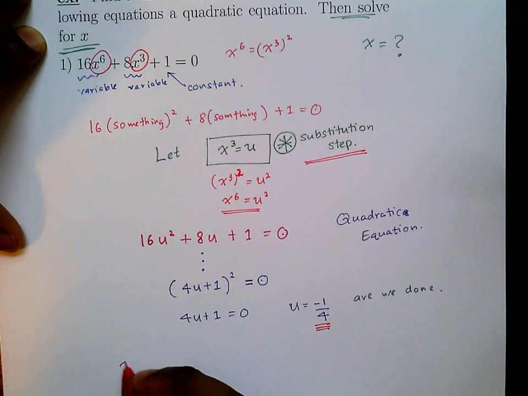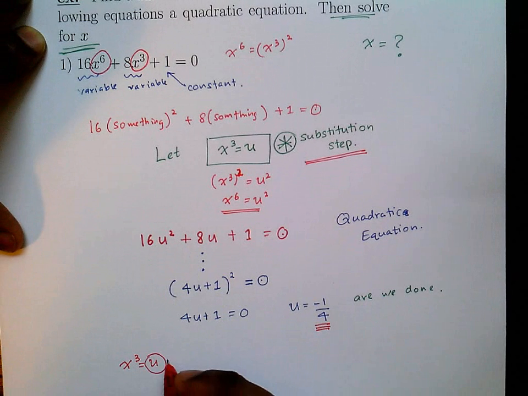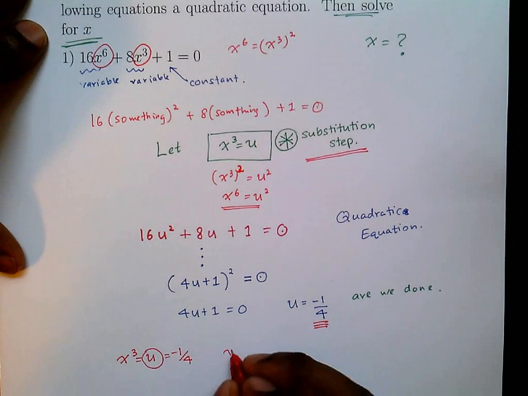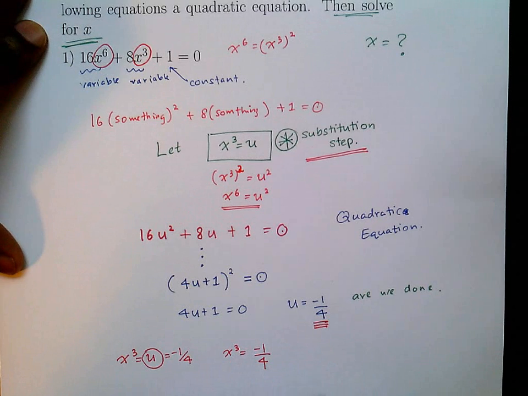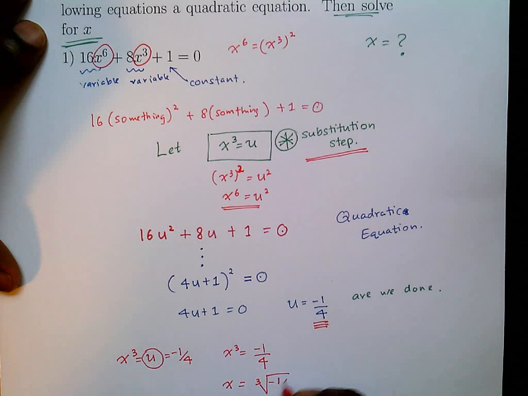So the substitution step is x cubed equals u, and this is negative 1/4. So you get x cubed equals negative 1/4. Take the cube root of both sides, so x equals the cube root of negative 1/4, or negative cube root of 1/4.